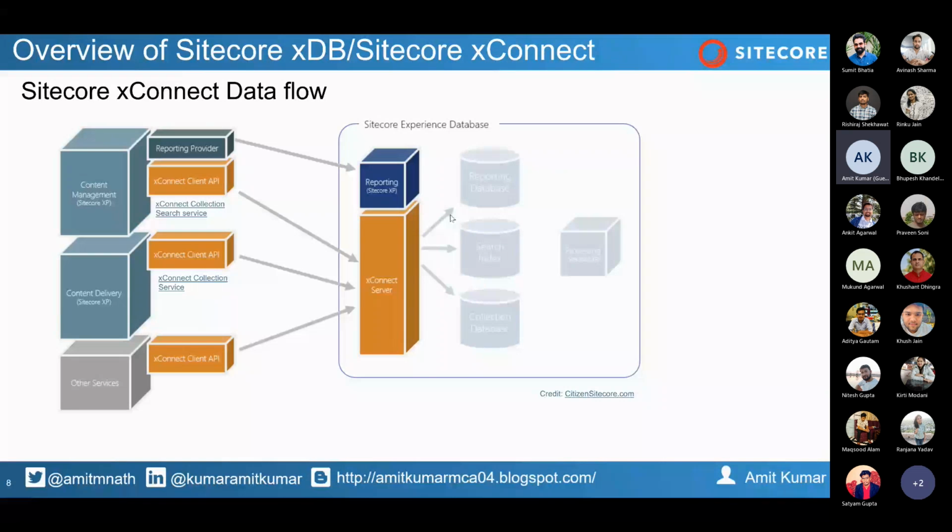While setting up the Sitecore infrastructure, there is a connection string in which you define the path or endpoint of your xConnect collection API with the thumbprint of your xConnect certificates, so that the client can communicate with the xConnect API. With that mechanism, Sitecore communicates with the xConnect client API.